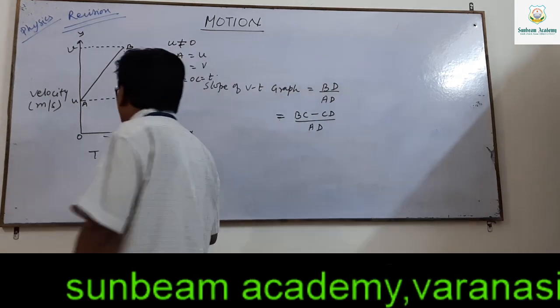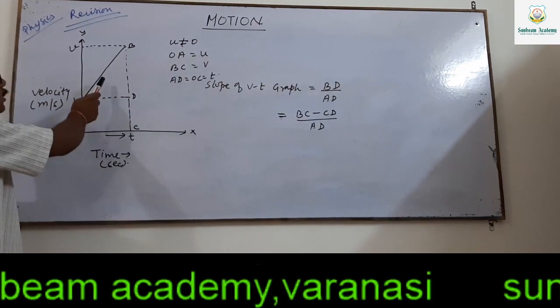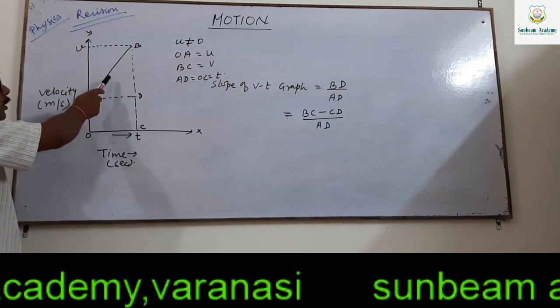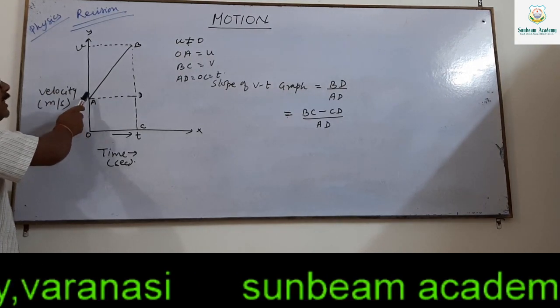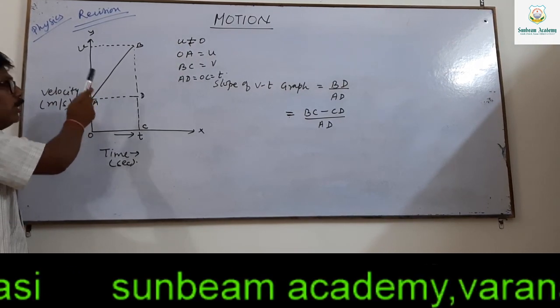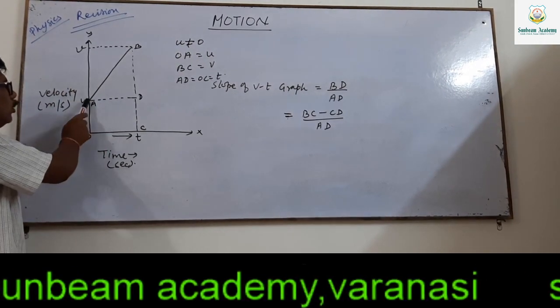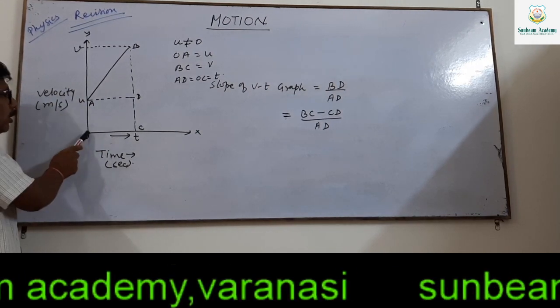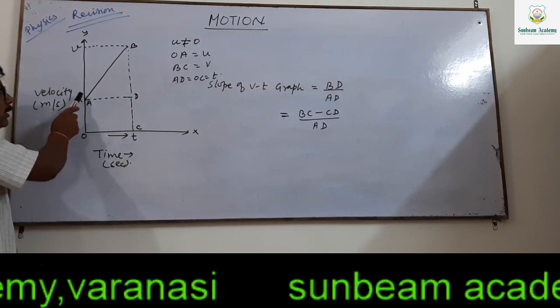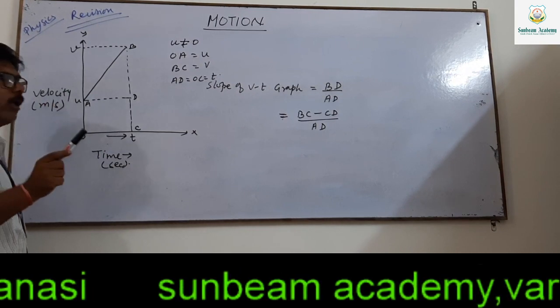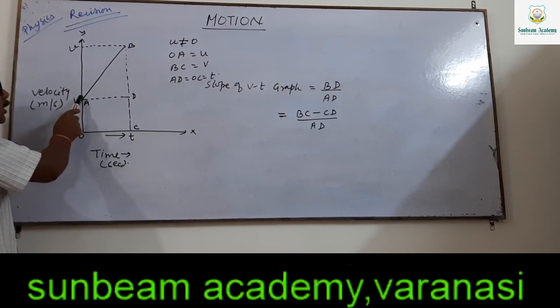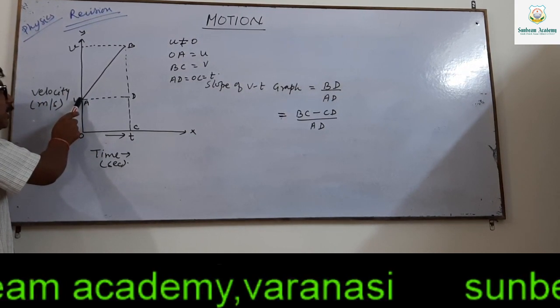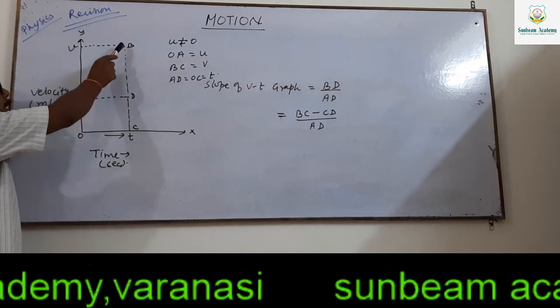Here students, I have plotted a graph of the body which has a certain initial velocity and uniform acceleration. So it does not originate from zero, because this body has a certain initial velocity, and its velocity is increasing uniformly.